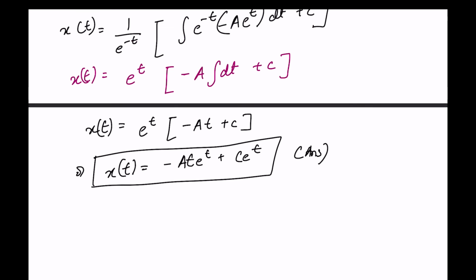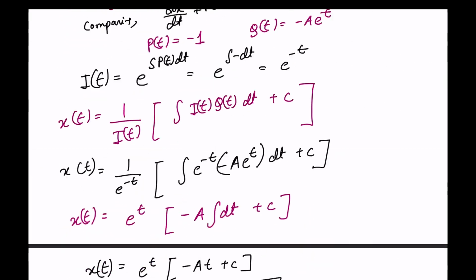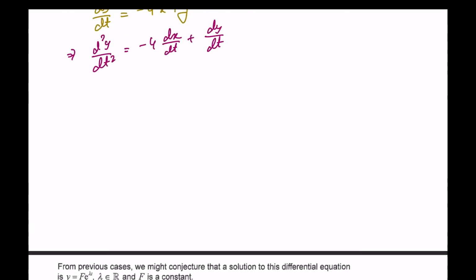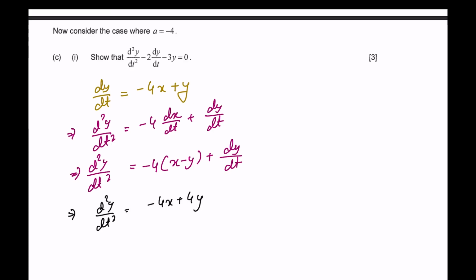If we scroll up here, dx by dt was equal to x minus y. Let's put it in this equation. This will be x minus y. This is d2y by dt square. Now just expanding it, what we get is minus 4x plus 4y plus dy by dt.